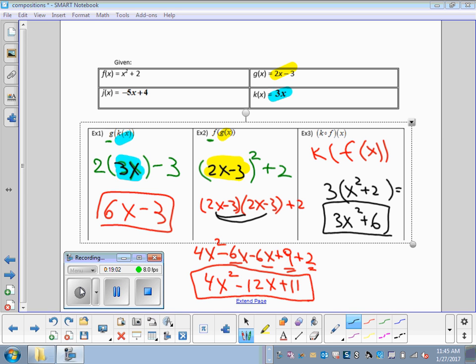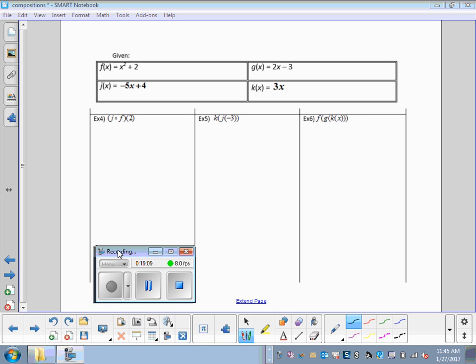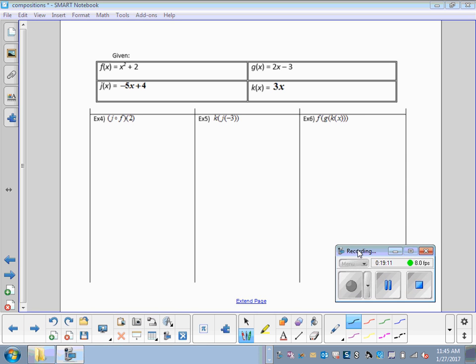Moving on. Okay, number 4. This one is a little bit different, right? We have a composition here, but we also are asked to evaluate for x equals 2. So what I would do, you can skip steps, but at least at first, just do this first. J composition with f of x.